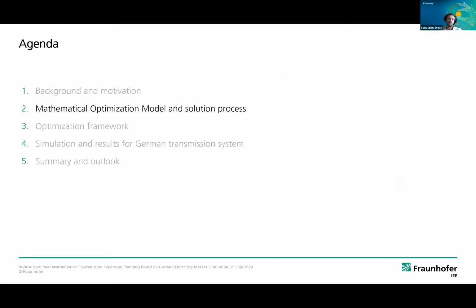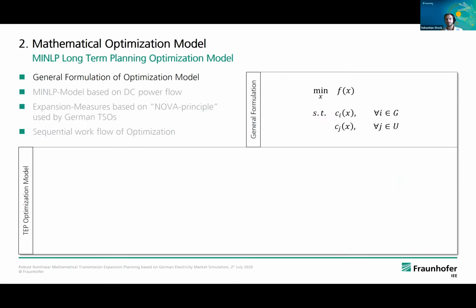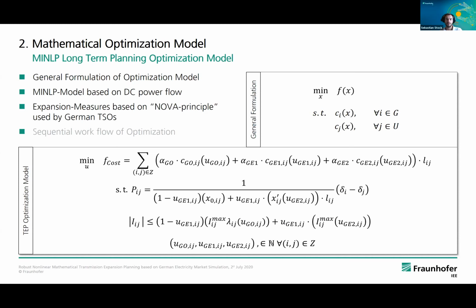So let's have a look at the mathematical optimization model and the solution process. In general, you can see here the general formulation of a mathematical model. You have an objective and constraints. And we have built up a model, which is a mixed integer nonlinear model based on DC power flow.